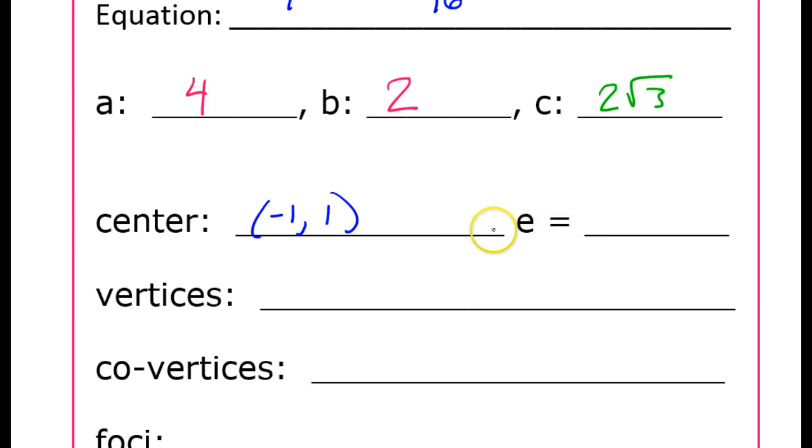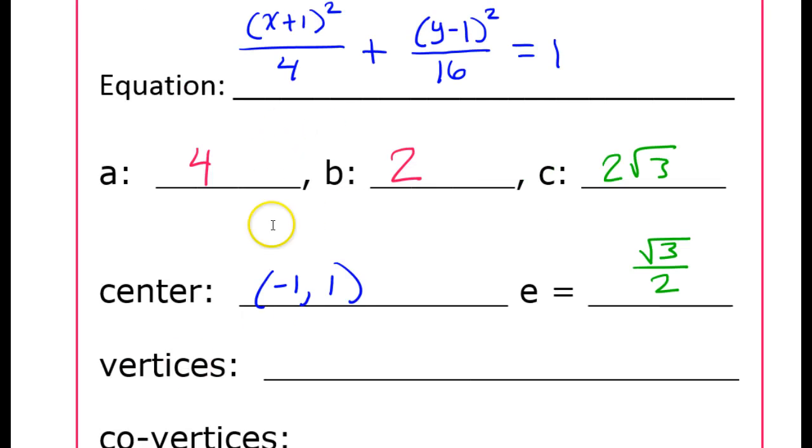Now, the E value, or eccentricity, is always C over A. So that would be 2 radical 3 over 4. However, this reduces. 2 over 4, of course, reduces to 1/2. So this E value simplifies to radical 3 over 2. Now they want us to find the vertices and co-vertices.